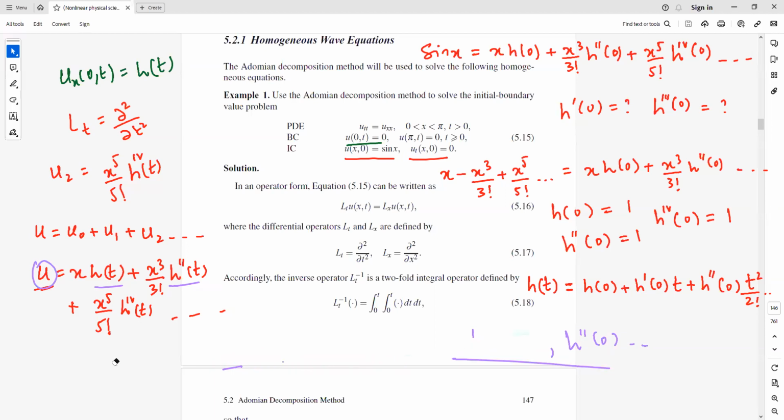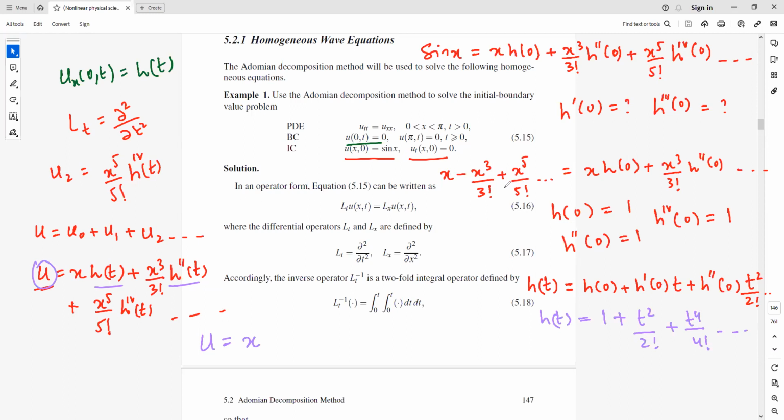Now if we plug in the values of the derivatives, we get u equals x. Okay, so h of t is this function that is equal to 1 plus t squared over 2 factorial plus t to the power 4 over 4 factorial and so on, because h prime of 0 is 0.